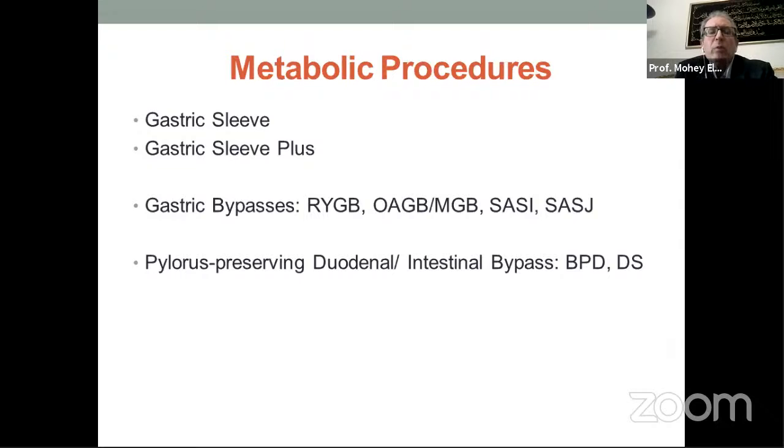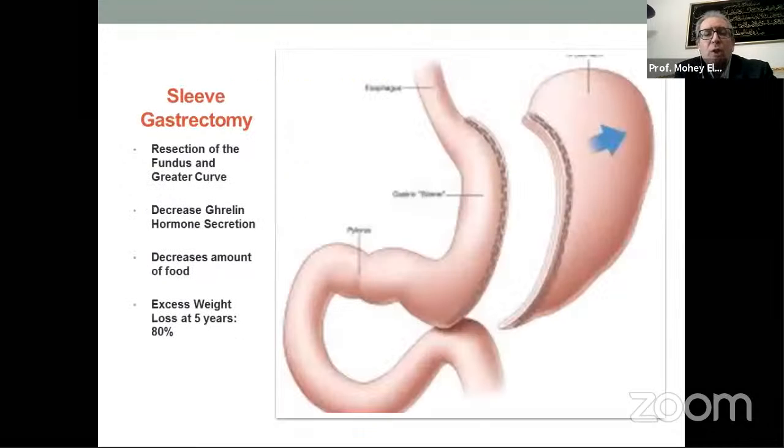In general, we can classify metabolic procedures as gastric sleeve plus procedures, gastric bypasses, and we have many bypasses now that include the stomach, and pylorus-preserving duodenal and intestinal bypasses like the biliopancreatic diversion and the DS. Of course, sleeve gastrectomy, no need to talk about it.